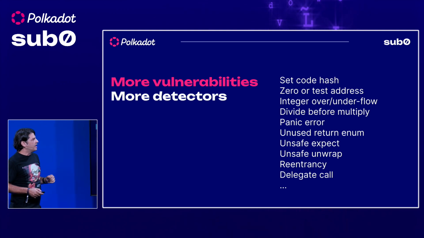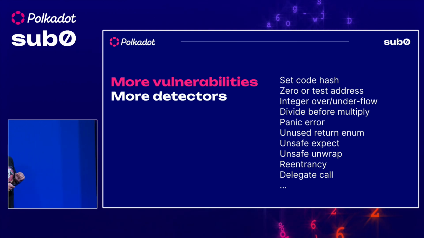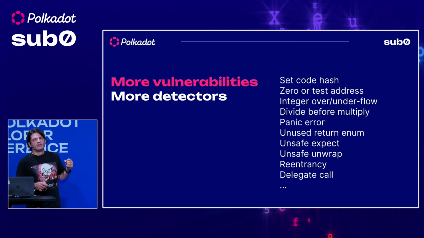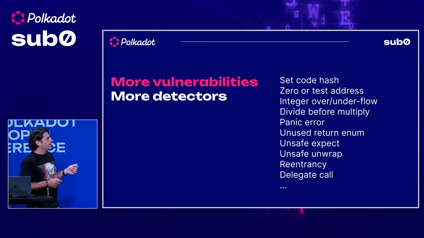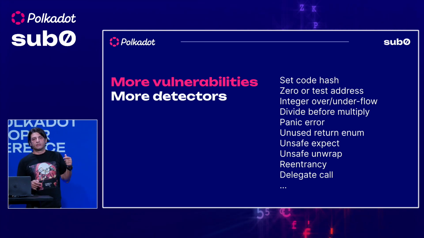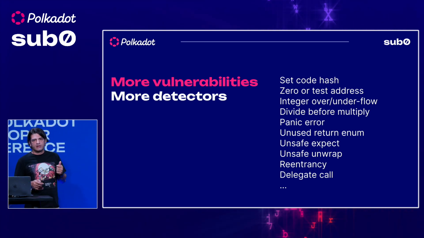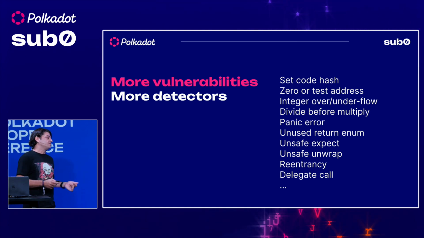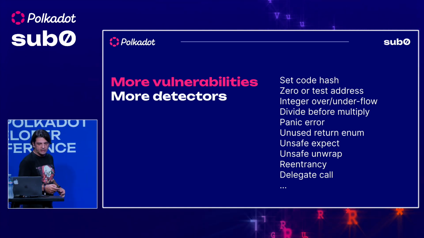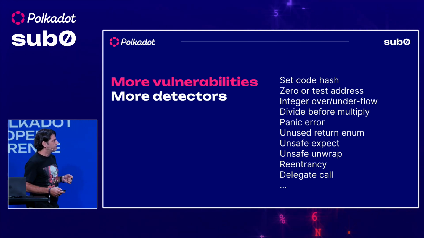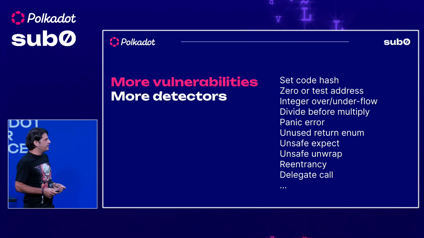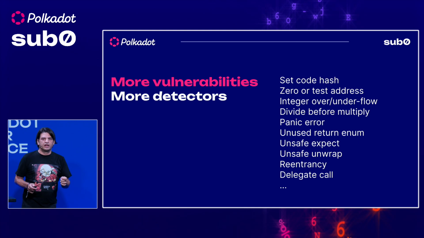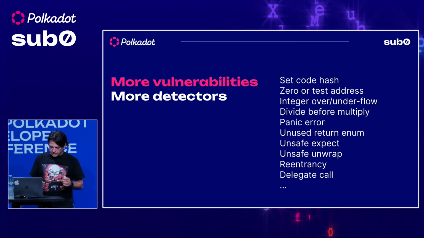There are some Rust-related errors also that we looked into, like when you will panic and the contract will exit without returning an error, or will break the execution. So sometimes you do not want to break the execution of the contract, and you need to catch the error. Reentrancy and delegate call, which are normal to Ethereum and to other development languages.